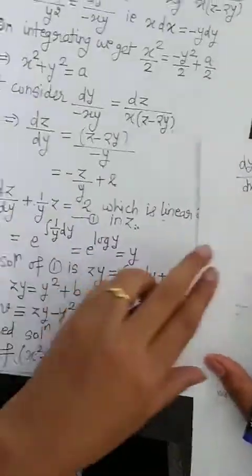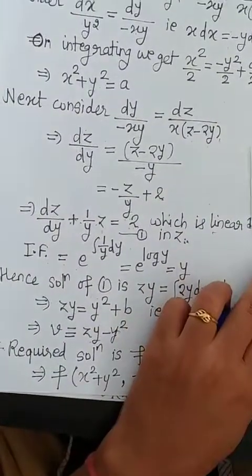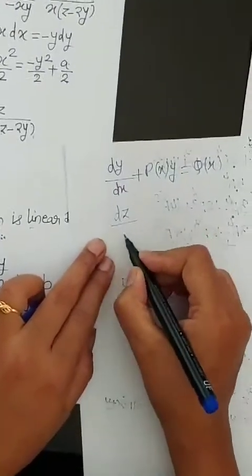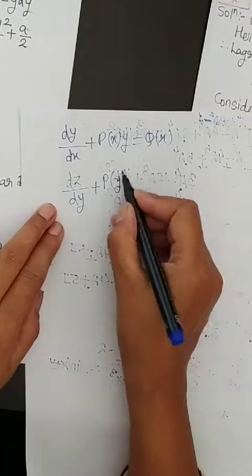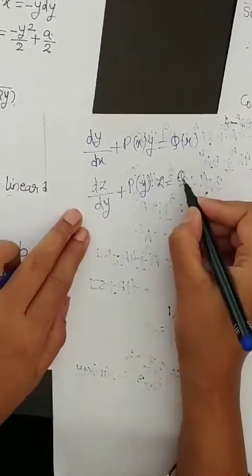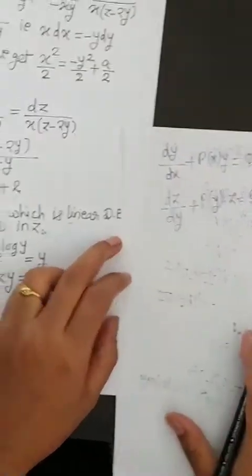So here, if I write this in terms of z and y, it will become dz by dy plus p of y into z equal to q of y, right?